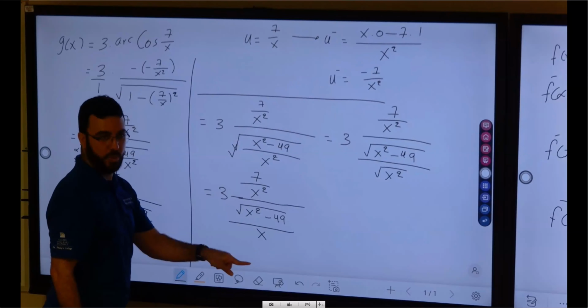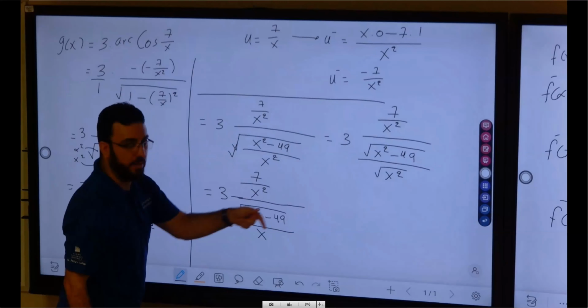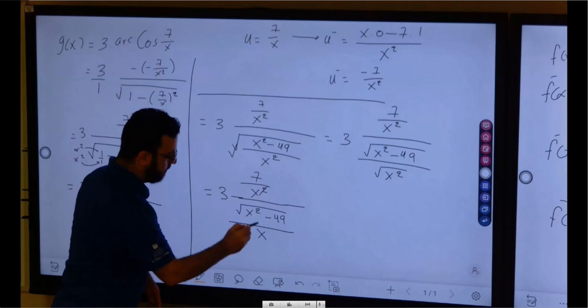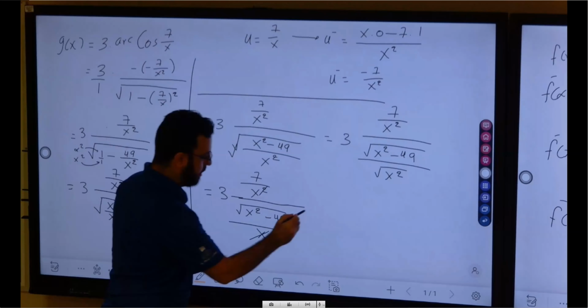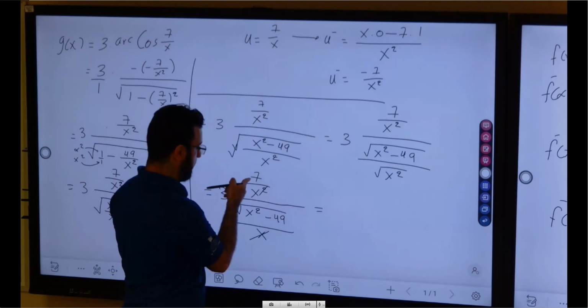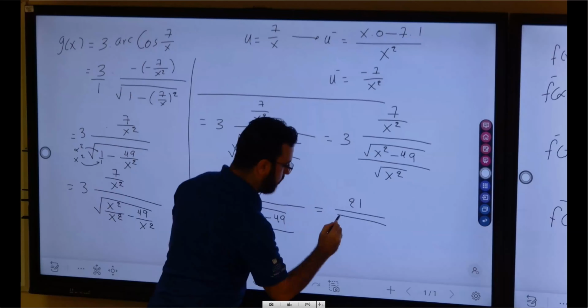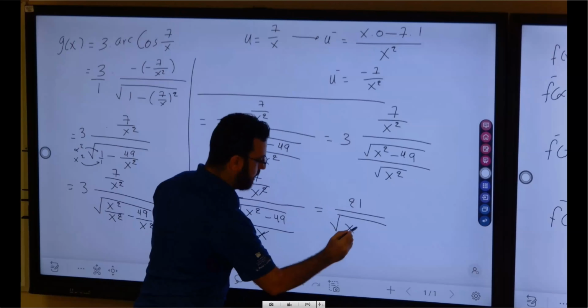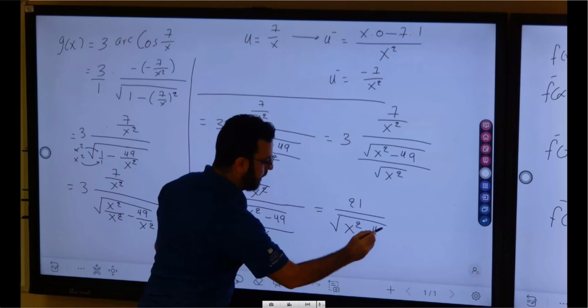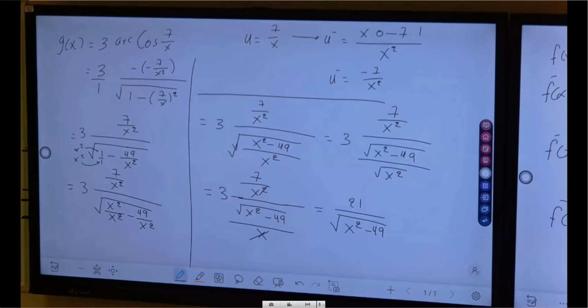Yes, because you take this one and flip this one. So one from here and one from here. What's left is 3 times 7, 21, over the square root of x squared minus 49. That's it. Can you simplify it more?